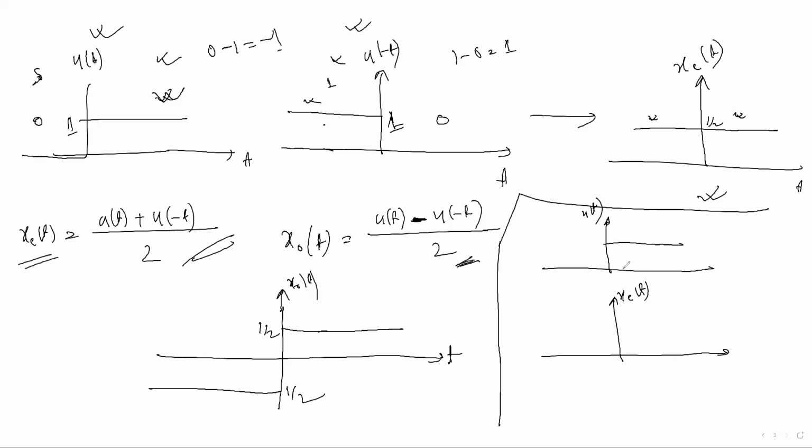If we have to make this signal an even signal, what should we do? The right part should come to the left side. Then only this will be the even signal. That is why I can write like this.